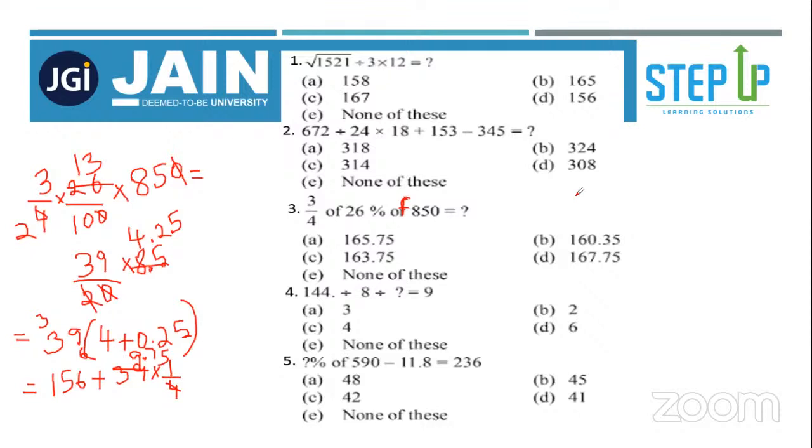Okay, fine. So you will be getting 165.75. Yeah, that's what is there in option 1.